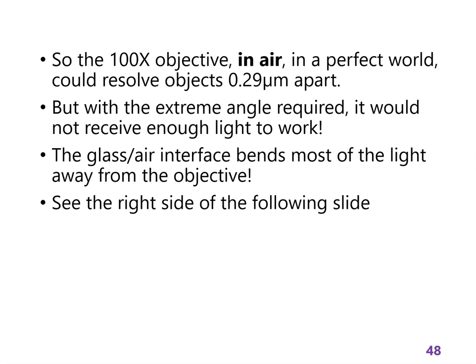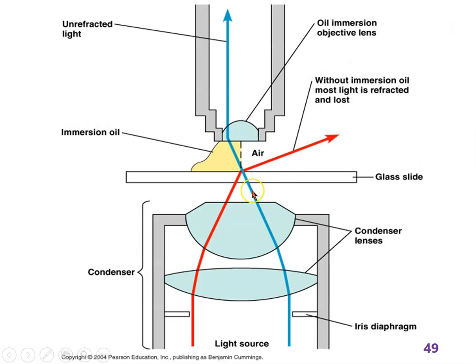So if we look at this slide, look on the right, this is showing a light path in air, and a typical light path going through the condenser hits your sample and then bends away from the microscope. You don't see it. So a large fraction of the light going through our sample we just miss if we're using a 100x objective in air.